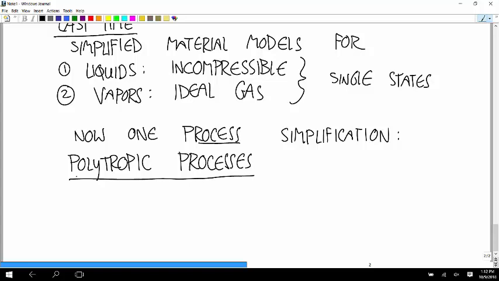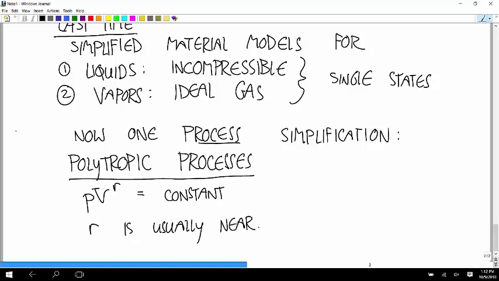We've already used this equation before, but it's the assumption that the pressure times the volume to some power is equal to a constant. And R is usually near 1, like between about 0.7 and 1.3, something like that.